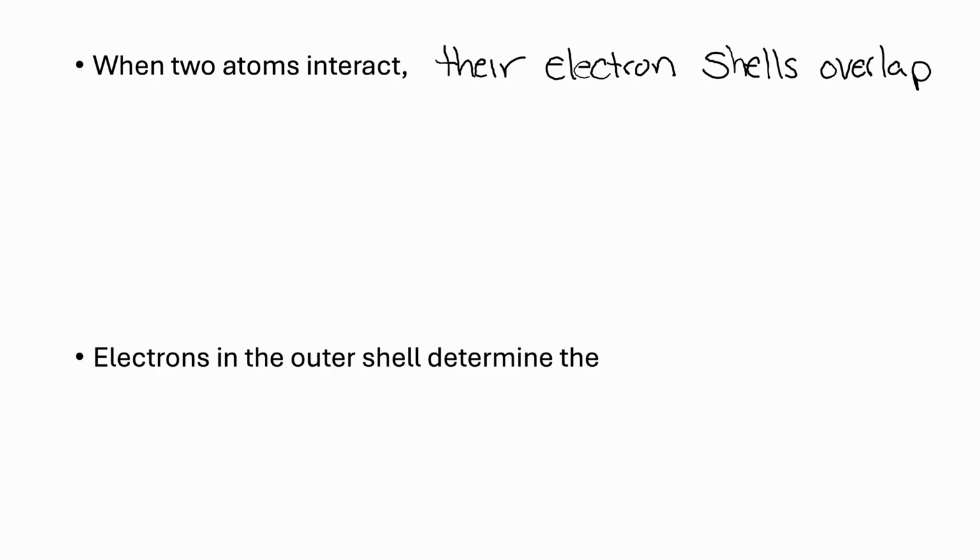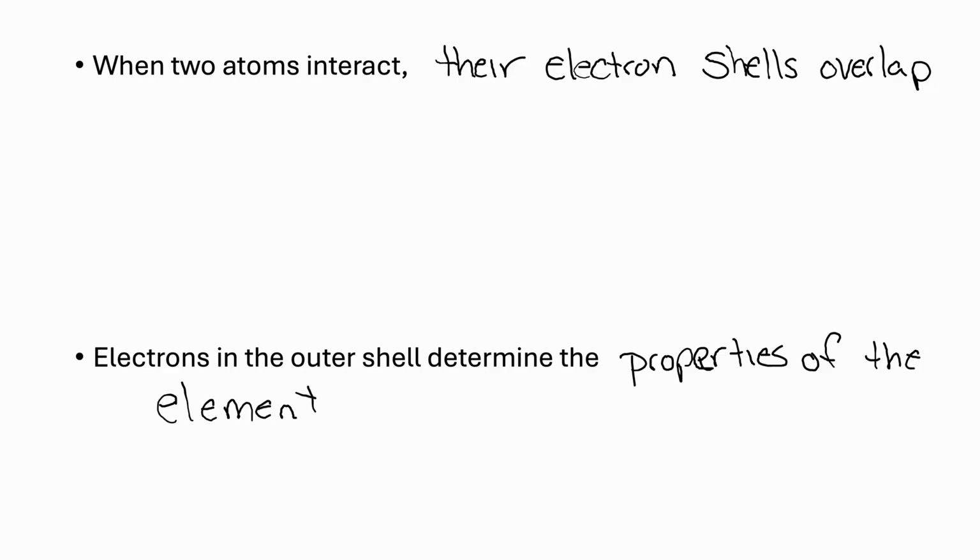And electrons in the outer shell determine the properties of the element. So all of its chemical composition, all of how reactive it is, all has to do with the electrons in the outer shell.